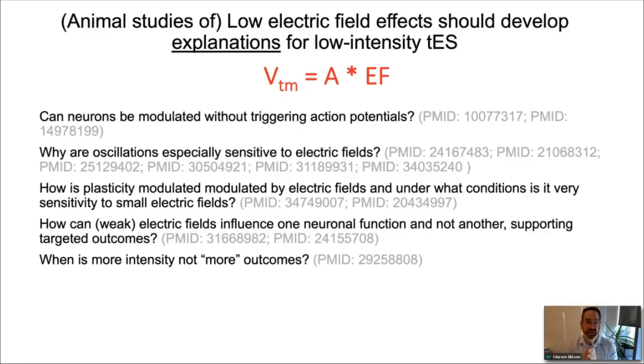So often when we stimulate, right, we want to affect alcohol craving, right? But we don't want to affect, where did you park your car, right? And so how can we use animal studies to ask the question, where can we get specificity from? Concepts like functional targeting. We can use animal studies to ask the question of when increasing intensity does not produce more outcomes.